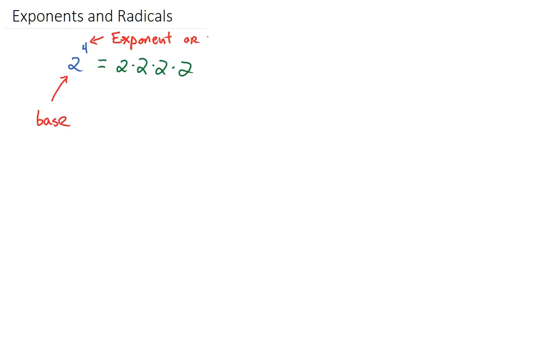Sometimes that's also called the power. Exponent and power in math are interchangeable words. So the base is what we're multiplying, and the exponent tells us how many times we're multiplying it. That's just language I'm going to use over and over again, so it's important to know what the different objects are called that we're referring to in math.